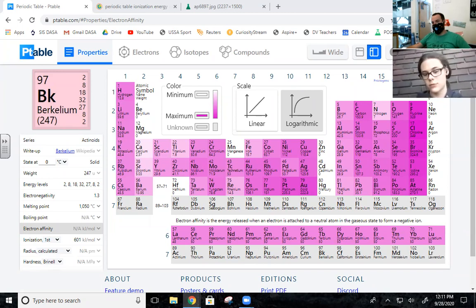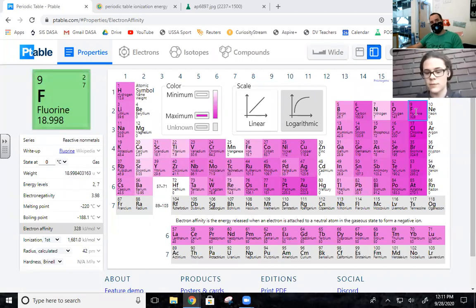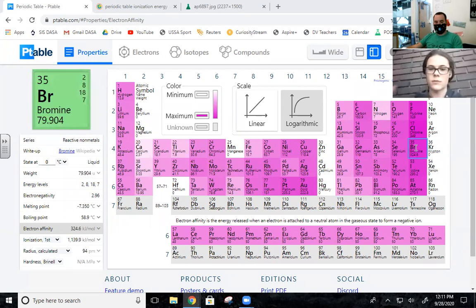Okay, so electron affinity, and you can see a little bit of a trend. The electron affinity is higher over here, which makes sense. And it's the energy of gaining an electron over here or losing an electron over here.